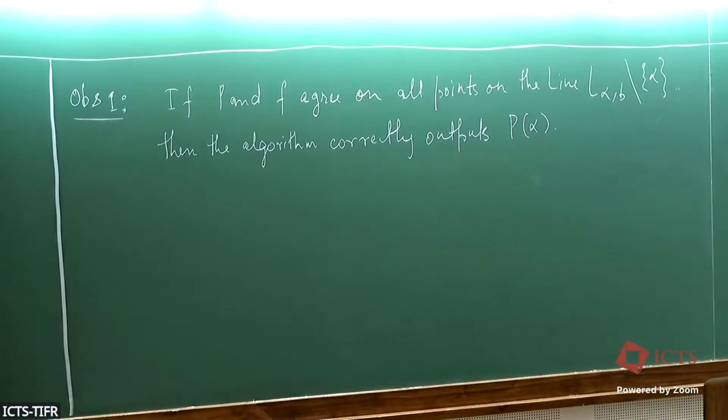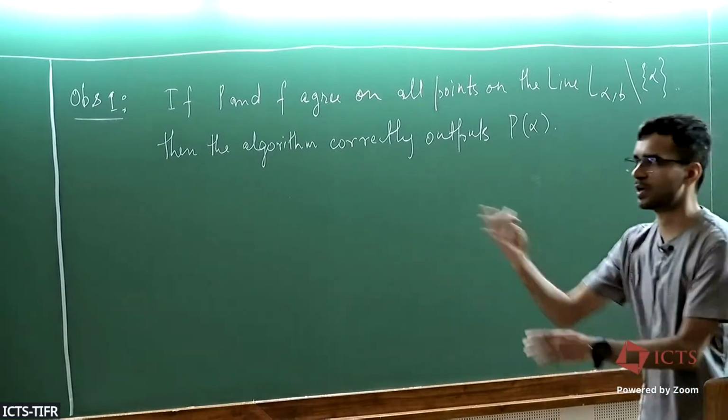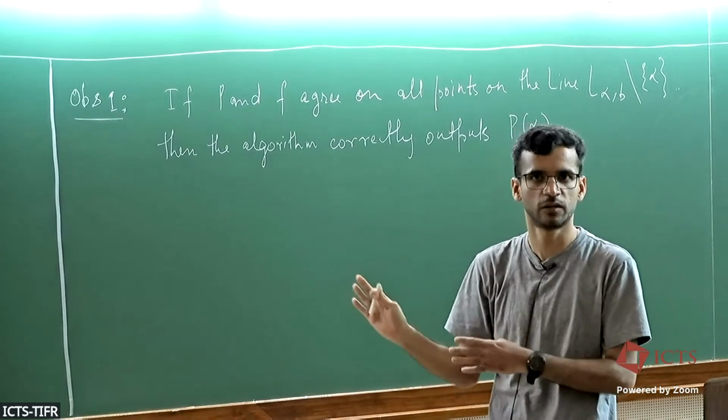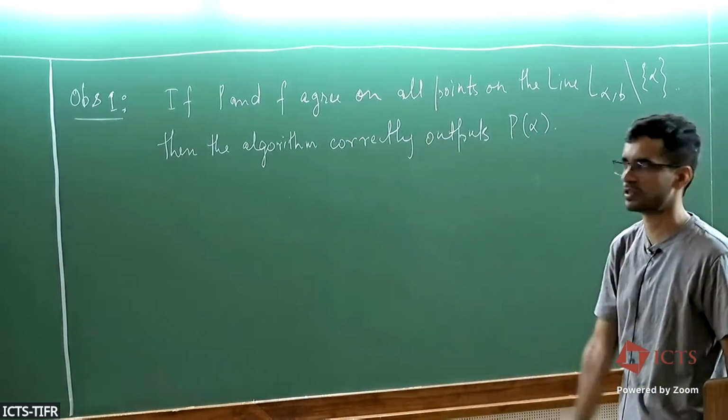If P and F agree everywhere on the line apart from all the points where we are querying, then this is the same algorithm as last time. So nothing changed. So the algorithm is correct. So this is an easy observation.